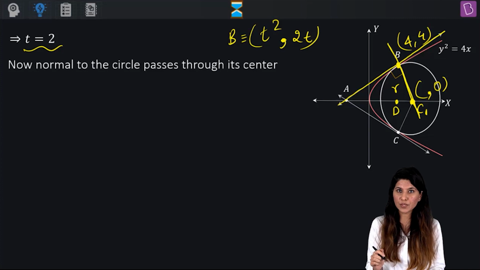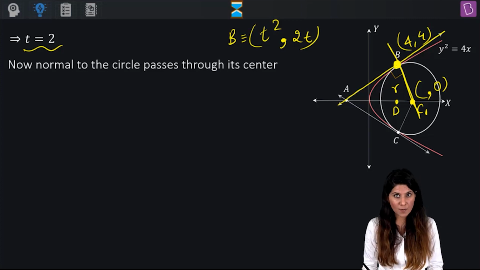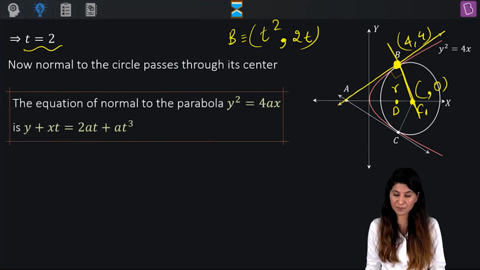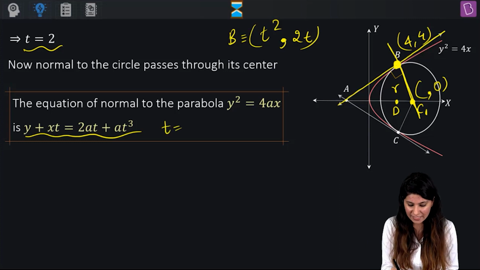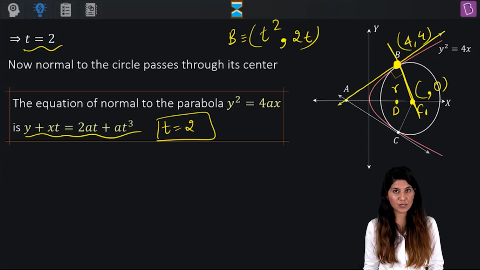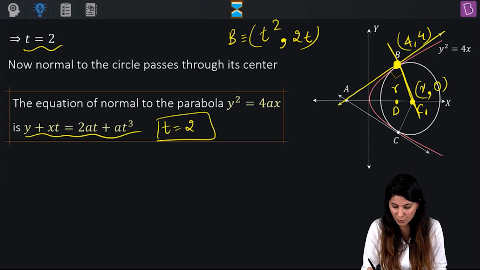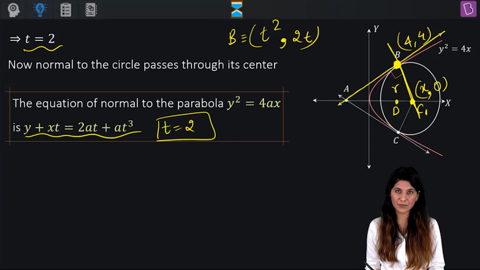So we are going to write the equation of the normal at B to the parabola. And what is the equation of normal in parametric form? This: y plus xt is equal to 2at plus at cube. Now we just need to plug the value of t in here and get the equation of the normal. And that normal will pass through x comma 0, which is the center C1 of the circle, right?